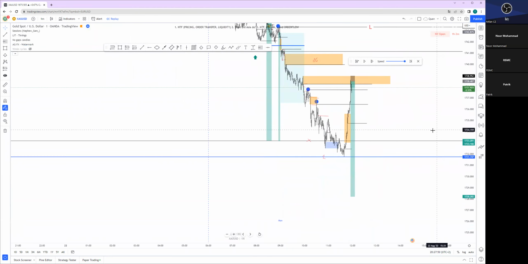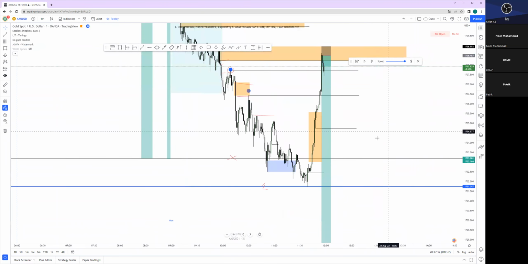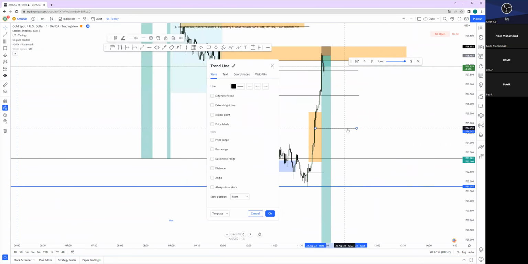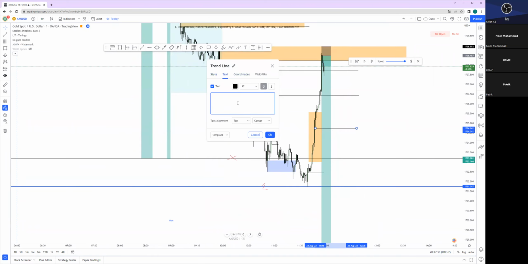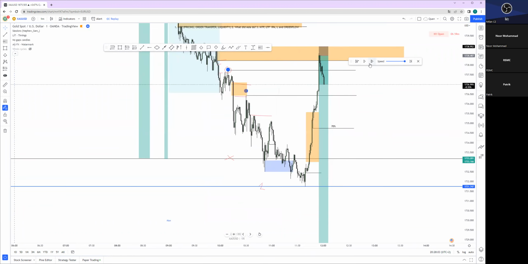Yeah, I mean, it's possible, of course. But you want to take partials, for example, I think it's 70% here. There's no clear TP here. So we'll see what happens.